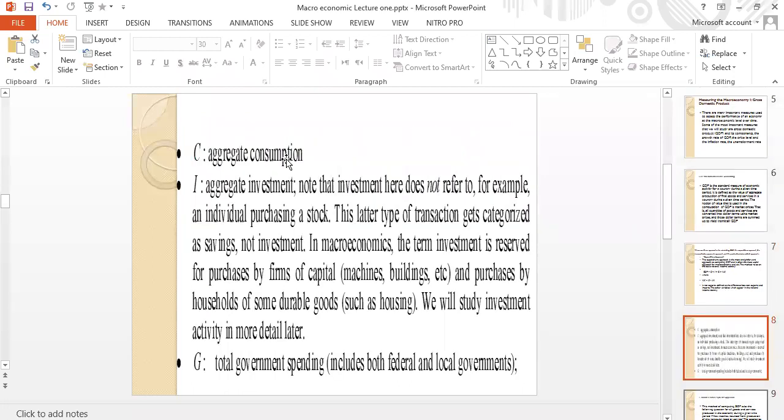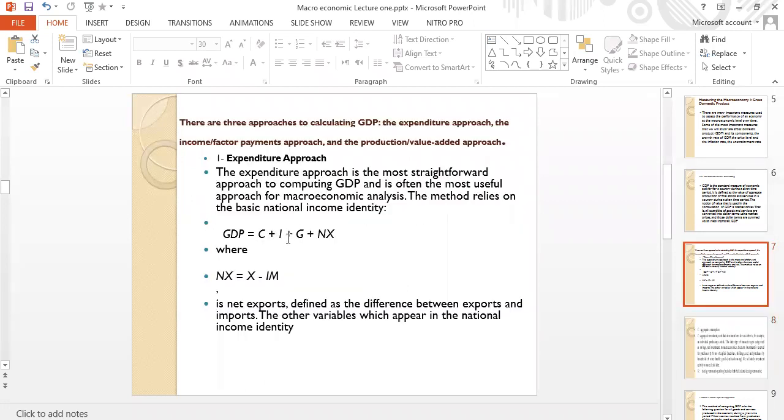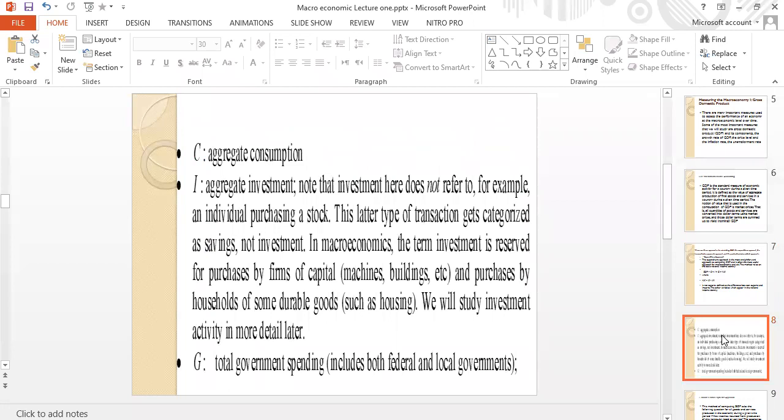Then we have every symbol of this equation: C plus I plus G plus net exports. First, C is aggregate consumption.